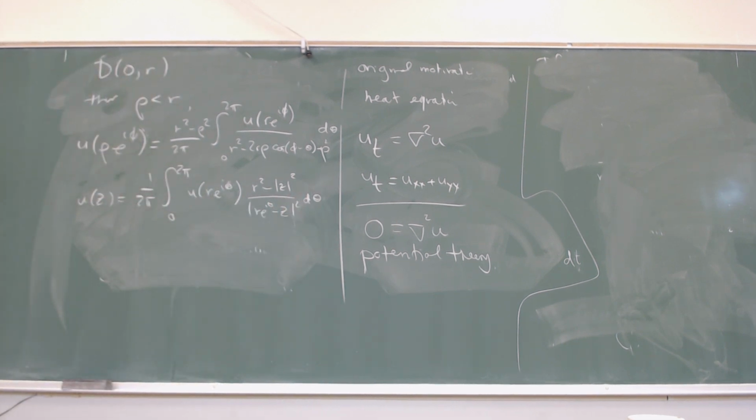Now, this is not something anybody ever remembers off the top of their head, right? You just don't remember this. Every time you want to use this, you just punch it into a computer, which actually computers do use this formula, or you just look it up. The point here is that I want to think about what this actually means, how we get to a formula like this.